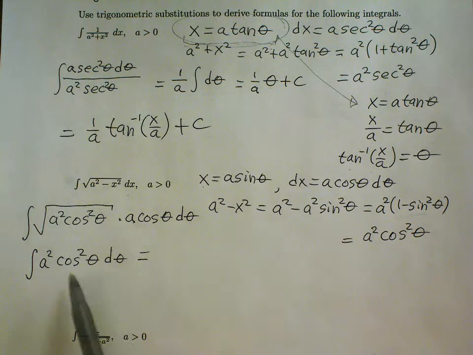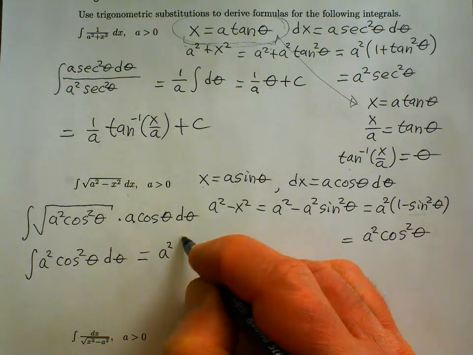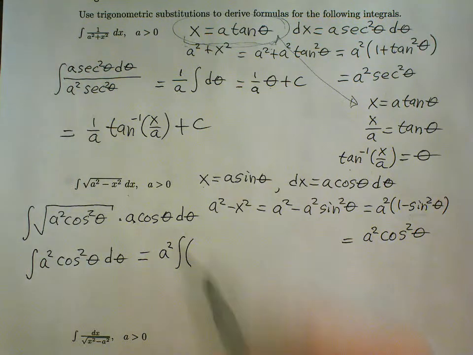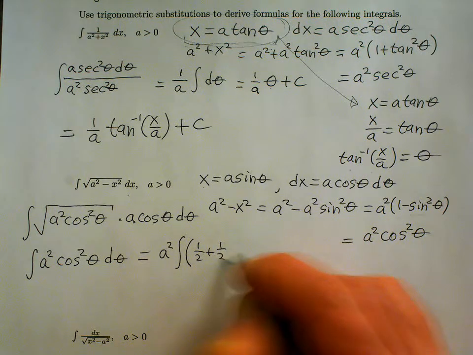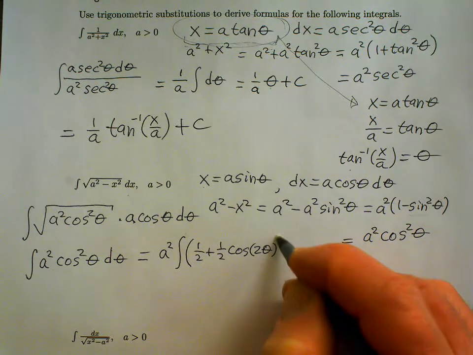And then we'll use the identity that we already saw today for cosine of theta squared. I'll bring the constant a to the second out front. And then we replace cosine of theta squared with 1/2 plus 1/2 times cosine of 2 theta d theta.